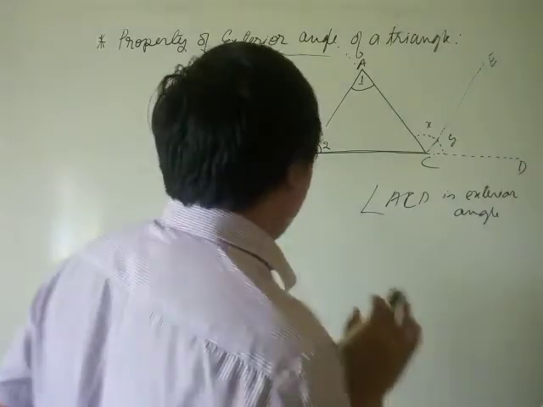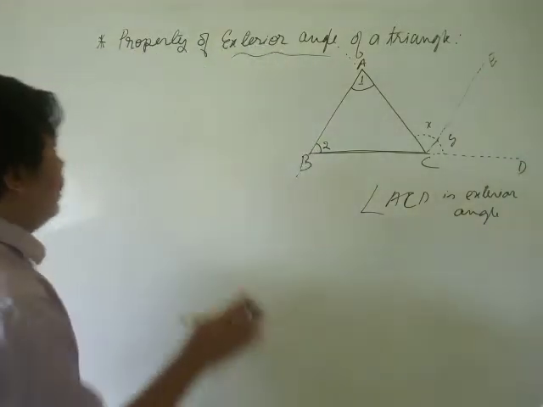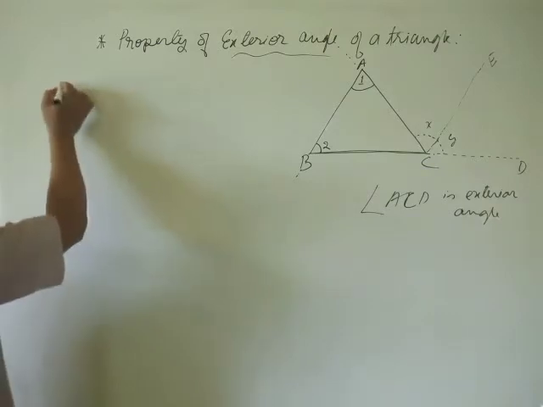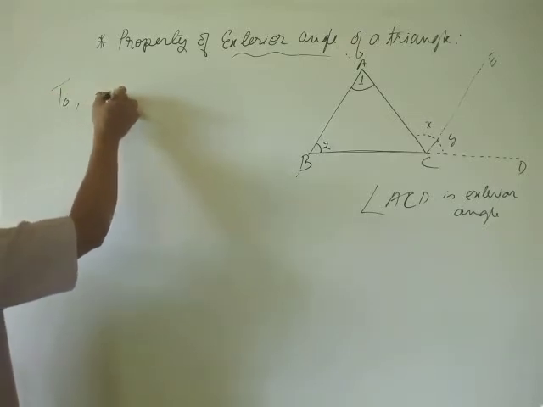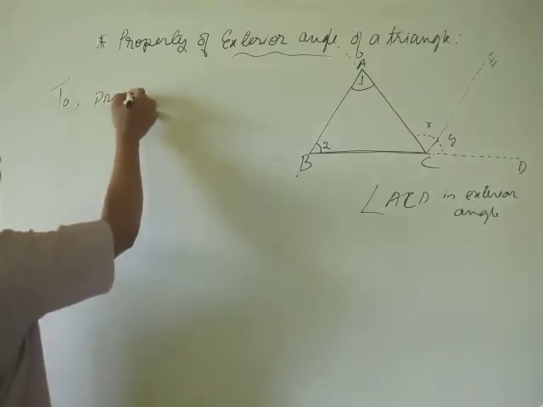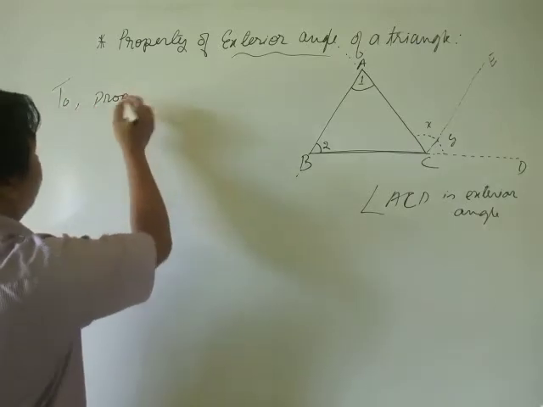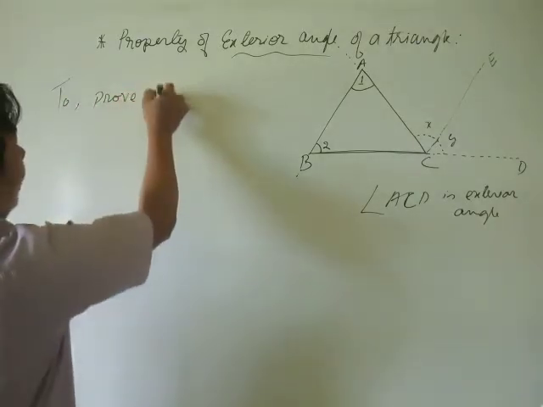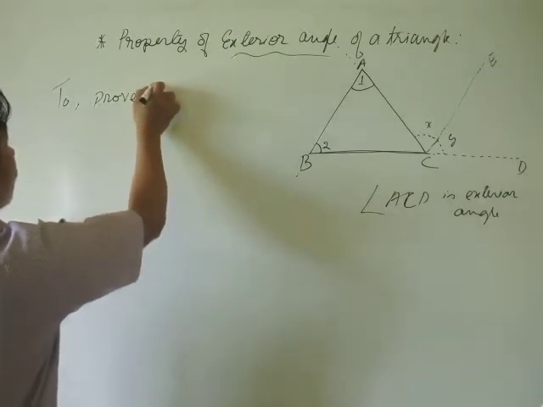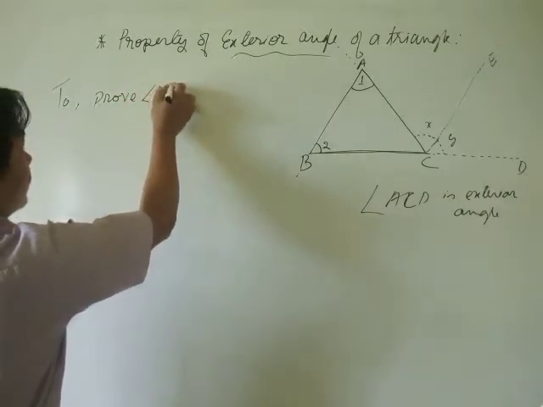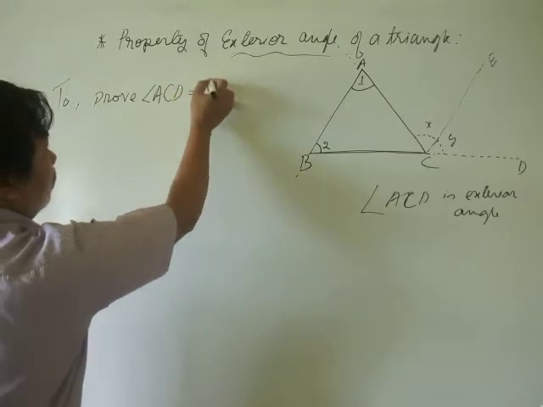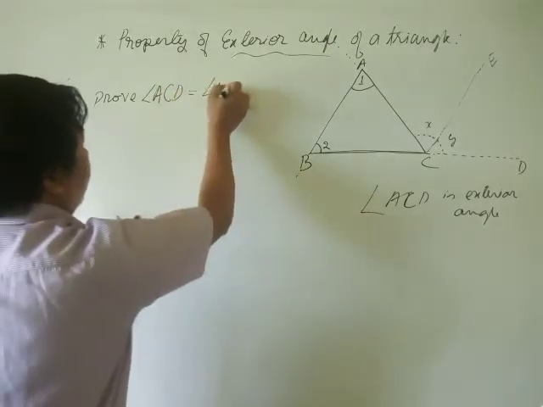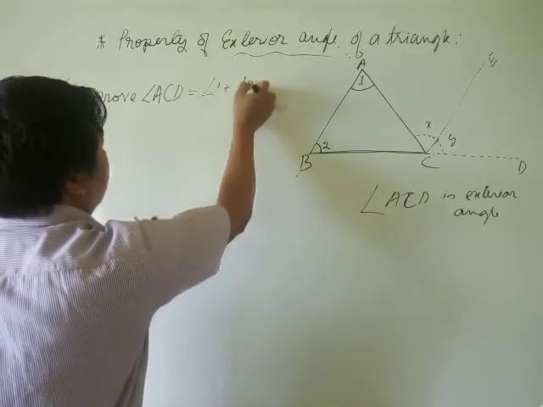We are going to prove that angle ACD is equal to angle 1 plus angle 2.